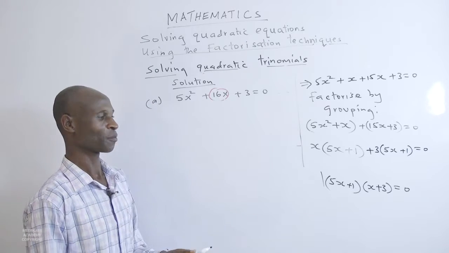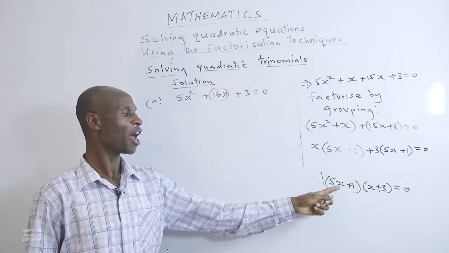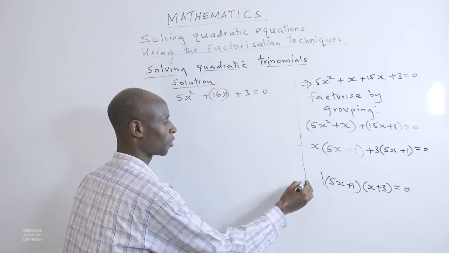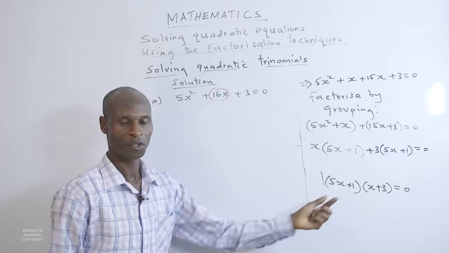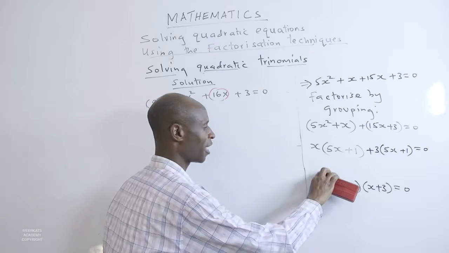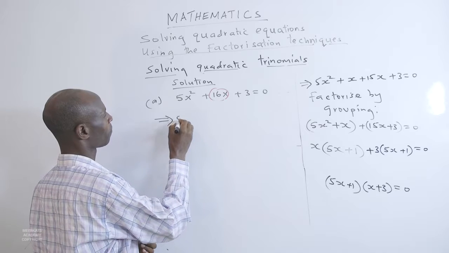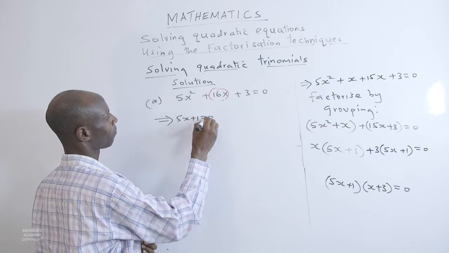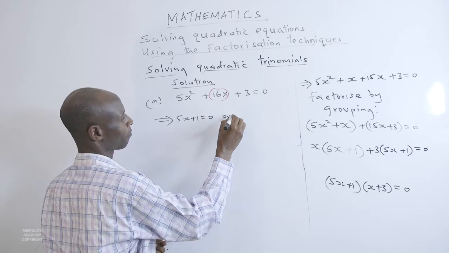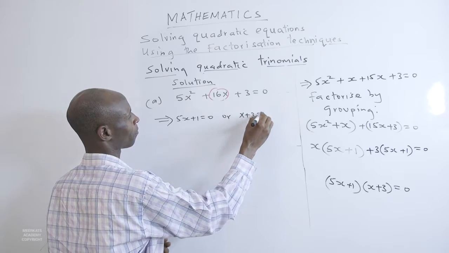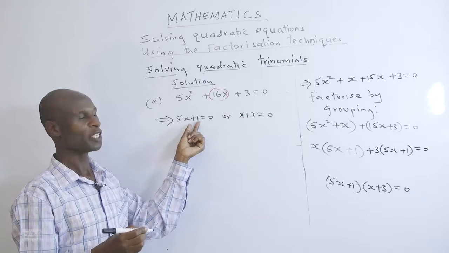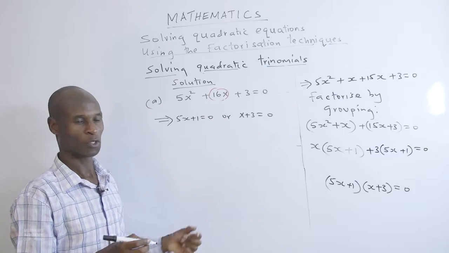At this point, we use the null factor law to find the value of x. So this implies 5x plus 1 is equal to 0 or x plus 3 is equal to 0.